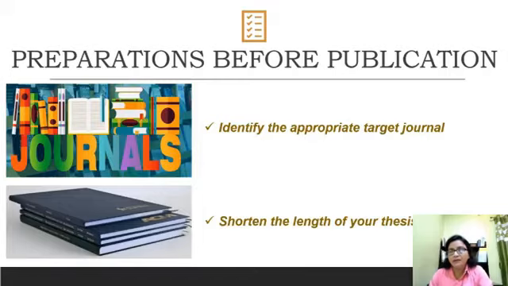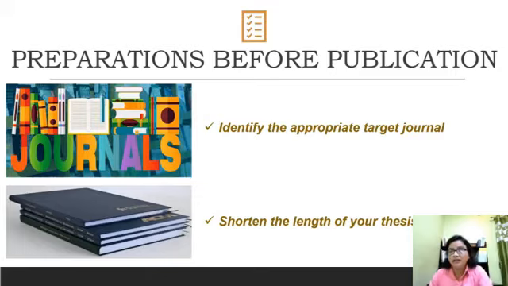First one is identify the appropriate target journal. Make sure to read the aims and scope of journals you are interested in. Be as certain as you can be that your paper falls within the journal scope. If your research falls outside of the aims and scope, look for a more suitable home for your paper, as submitting it there would be a wasted effort.